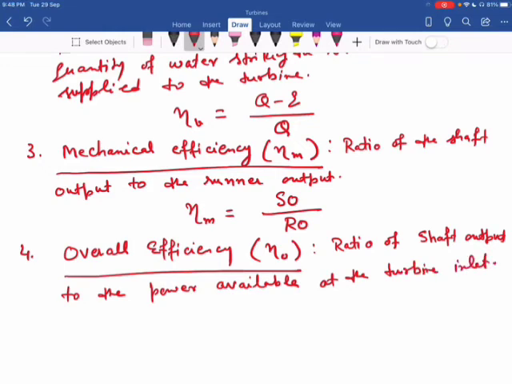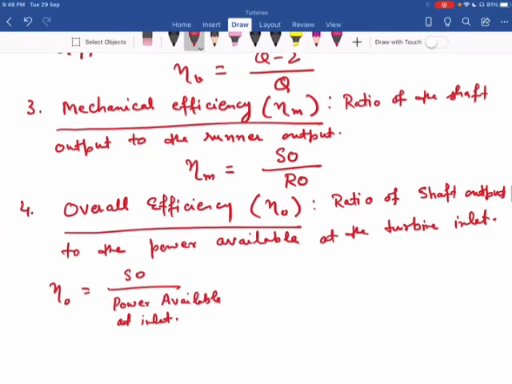So you can write eta O as shaft output divided by power available at inlet, and this power available at inlet I can write as WQH.